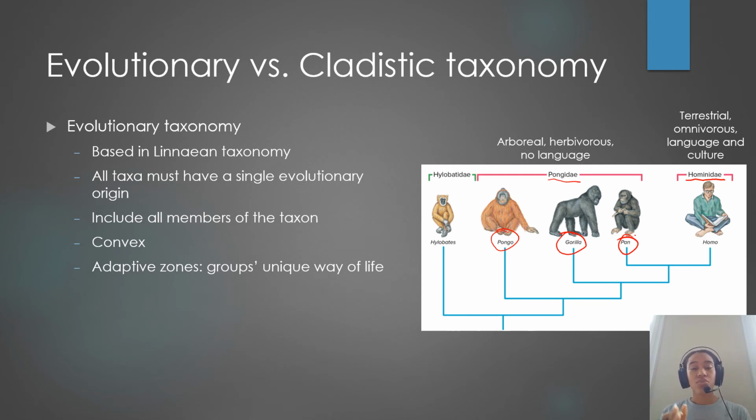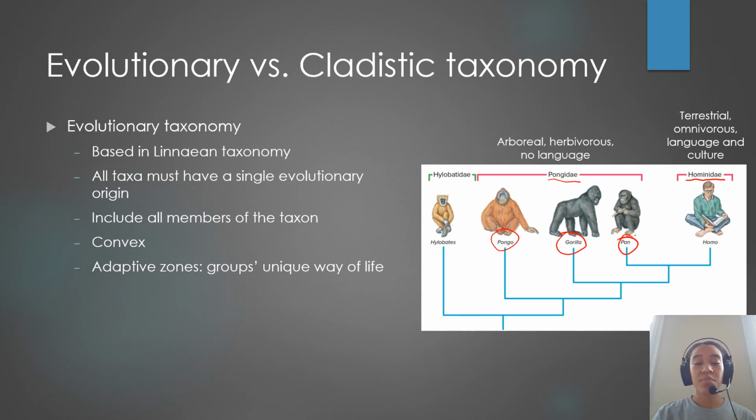You notice that chimpanzees, gorillas, and orangutans are all arboreal, they are herbivorous, and they don't have a language, if you will. So they have similar adaptive zones, similar ways of life, and they're grouped together. Humans don't get grouped with them because we are terrestrial, we live on land, we're omnivorous, and we have culture and language, so we're grouped separately.